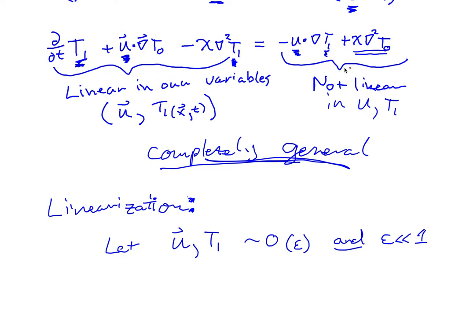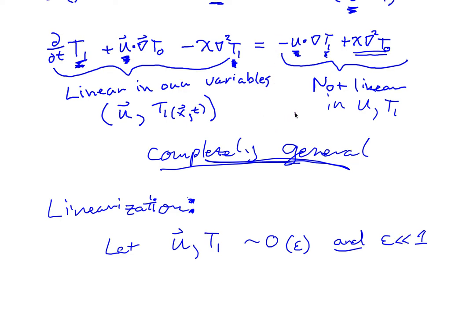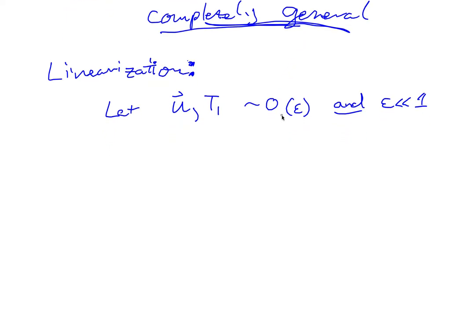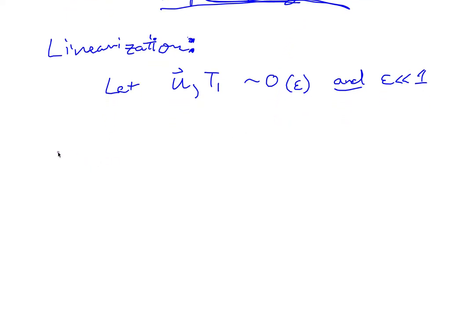And we have other terms that are not linear in our solution variables, that either don't have them at all, like the heating term, or that have two occurrences of them, like the advection term here. All right, so now we're going to consider the relative amplitudes of these different terms. So I'm going to write our equation out again.